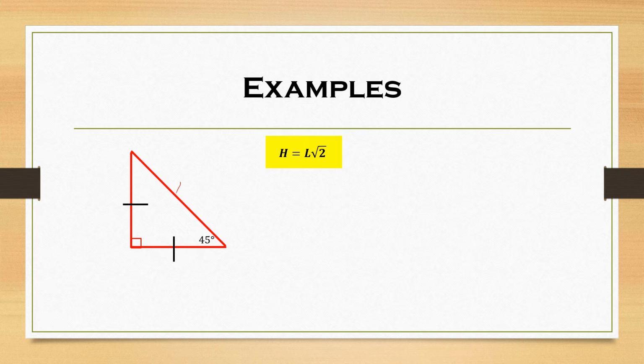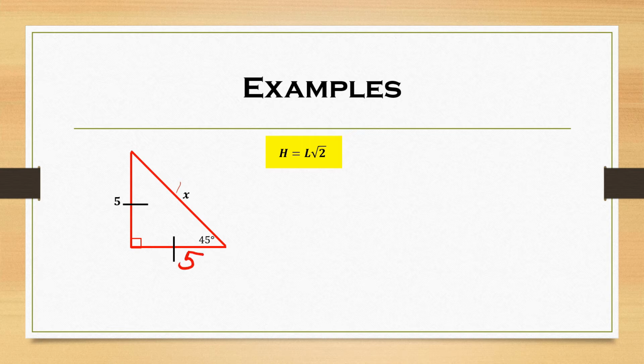Okay? So, ito din yung nagsasabi sa atin kung anong special right triangle ba yung ating sinosolve. Okay? So, given here, ang leg ay 5. So, we need to get the value of x. So, dahil ang isang leg ay 5, so, ibig sabihin, ito din ay 5.